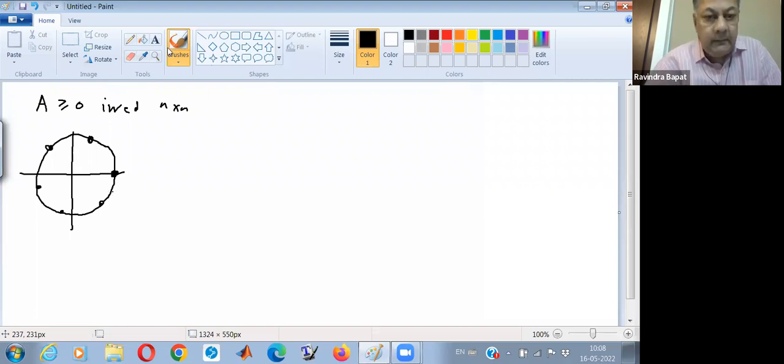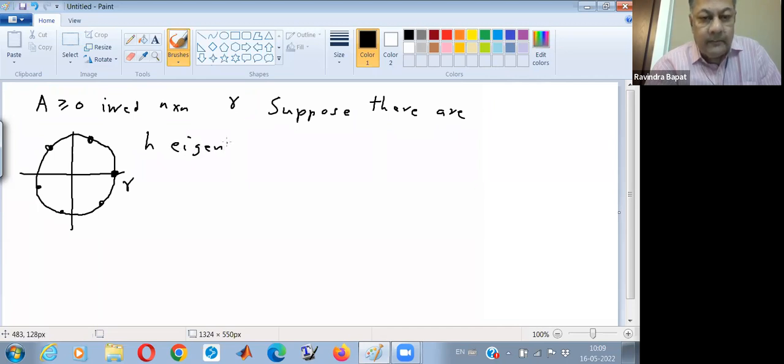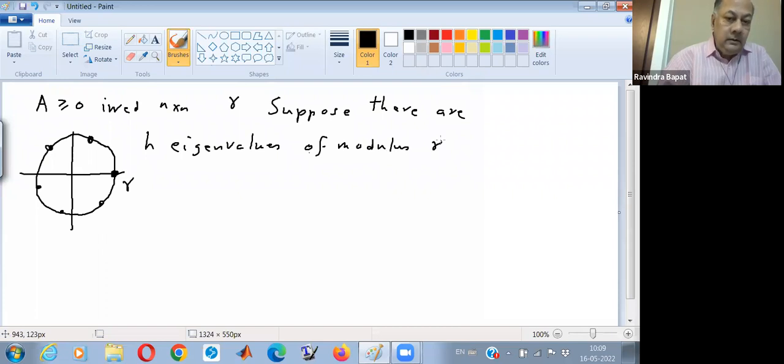So suppose there are k eigenvalues on the boundary. R I will now always use for the Perron eigenvalue. So this number is R. And suppose there are exactly h eigenvalues of modulus R. These are complex of modulus R. So h is the number of eigenvalues on the boundary of the circle, the spectral circle, so far.